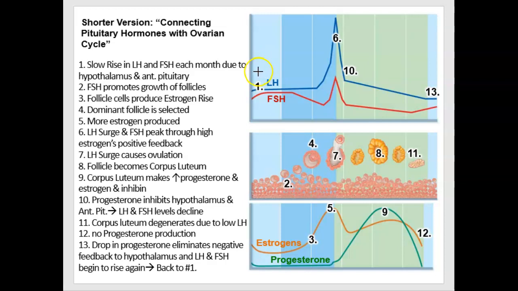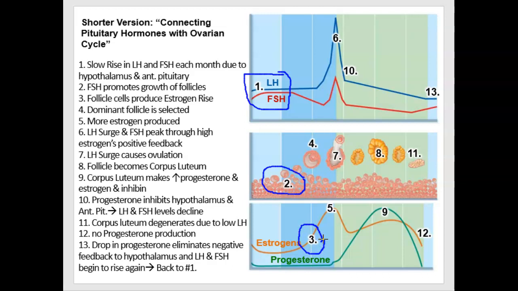First, what we see each month is a slow rise in both luteinizing hormone and follicle stimulating hormone. The follicle stimulating hormone promotes the growth of the follicles, and the cells in the follicles produce estrogen. So we see a rise in estrogen levels.